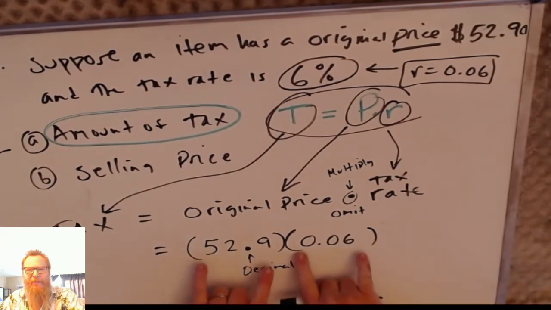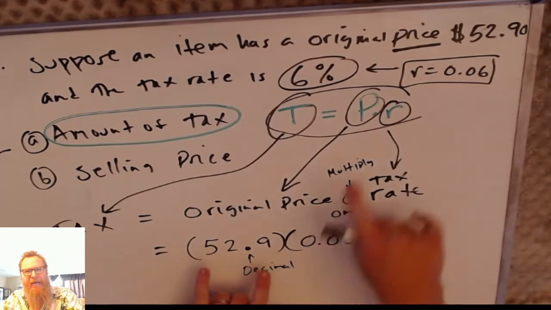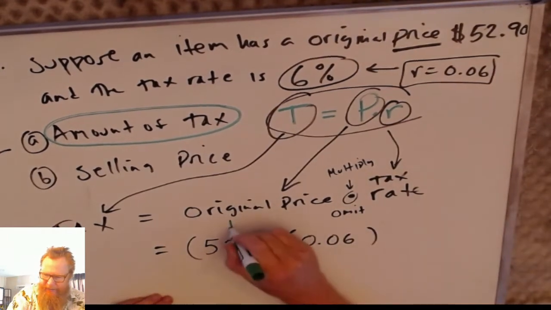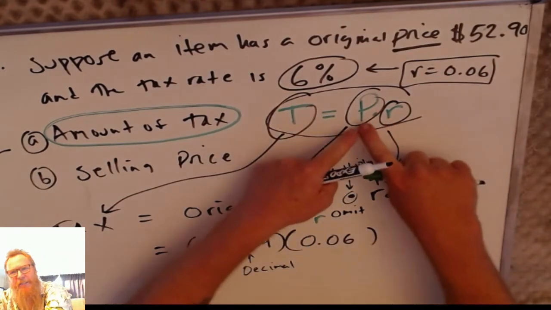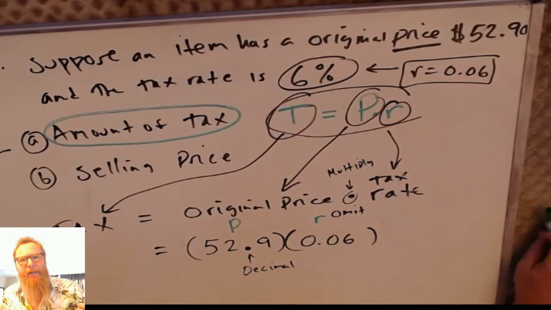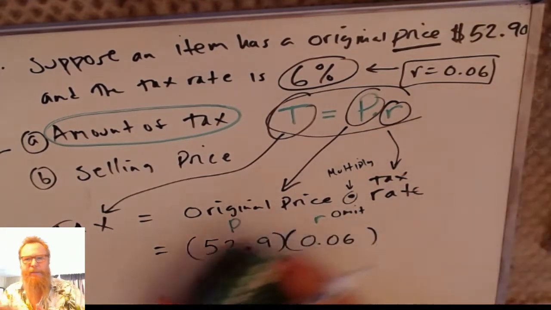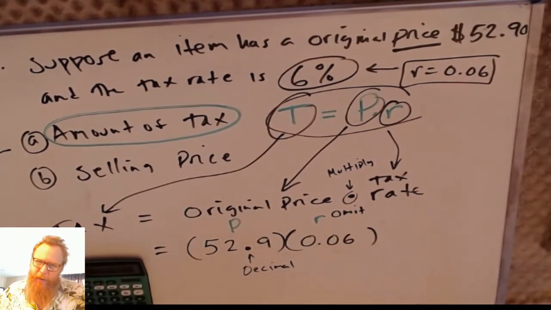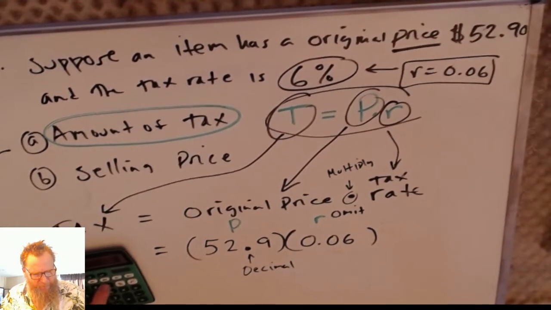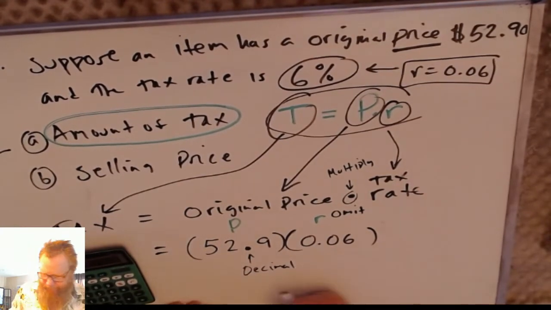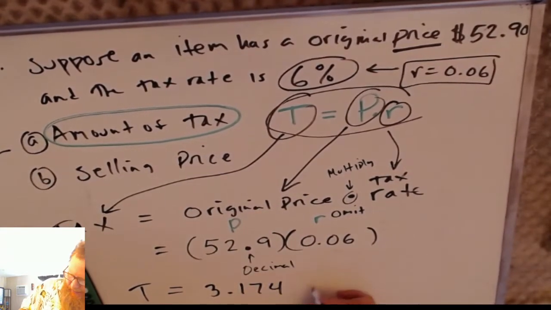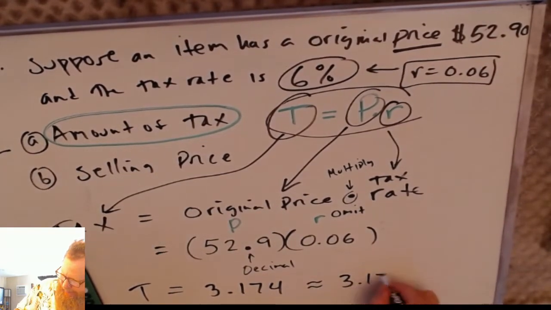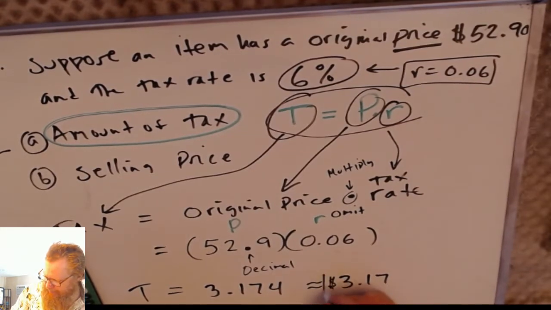The parentheses are just there to separate the P and the R. This is P, and this is R. When you write it as a formula, you can just say PR, but when I write it using decimals, I should use parentheses. This is why accountants have calculators. 52.9 times 0.06. And so the amount of tax is $3.17. This is rounded to the nearest cent.